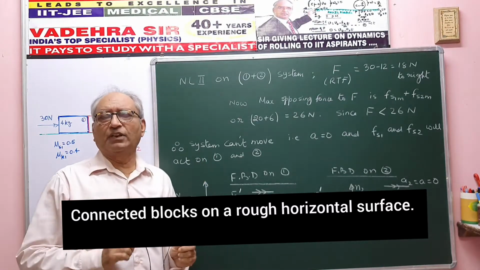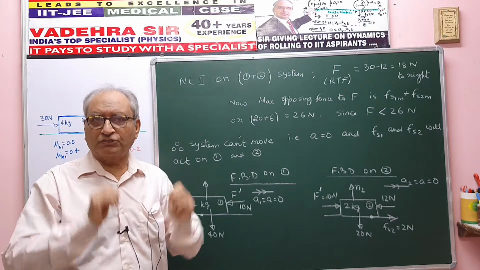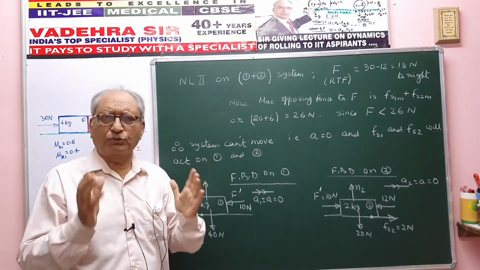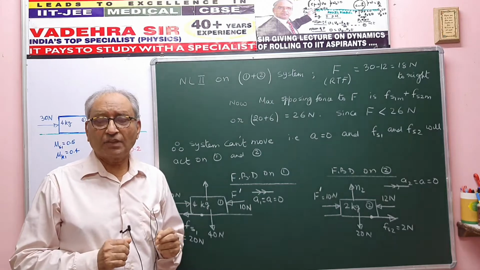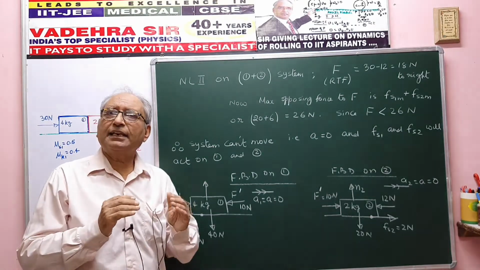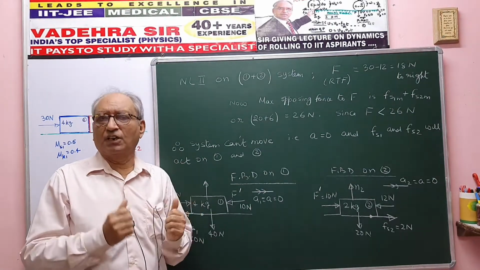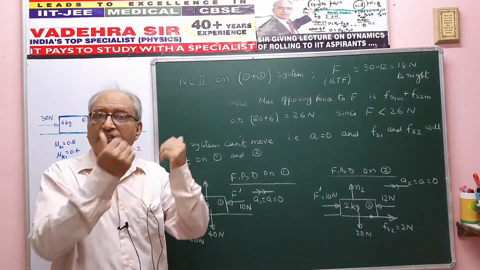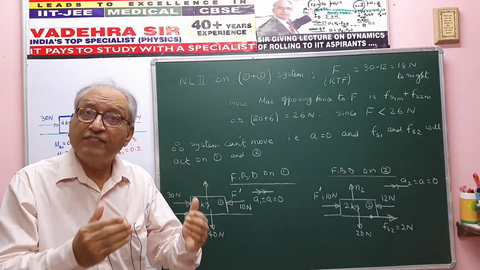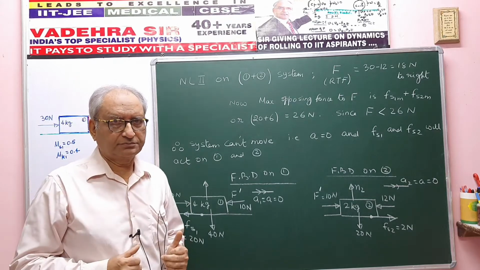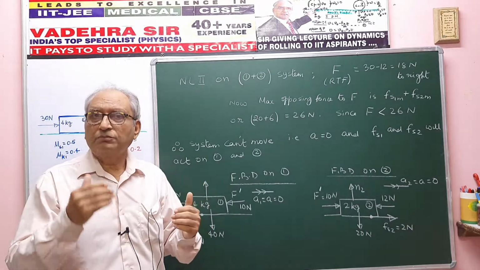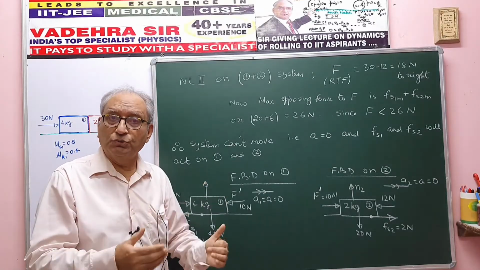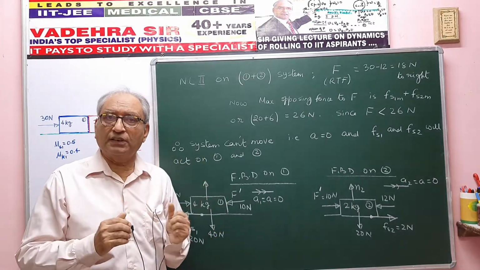In this particular video lecture, I'm taking two blocks, block 1 and block 2, and they are connected together. They lie on a rough surface, and purposely I'm taking both the blocks of different nature on the same surface. Therefore, there would be different coefficients of friction. Then we'll apply force on block 1 as well as on block 2, and investigate the motion.